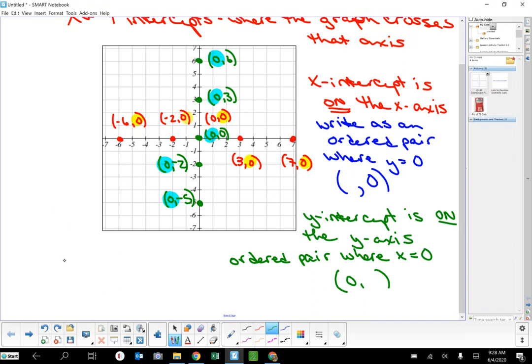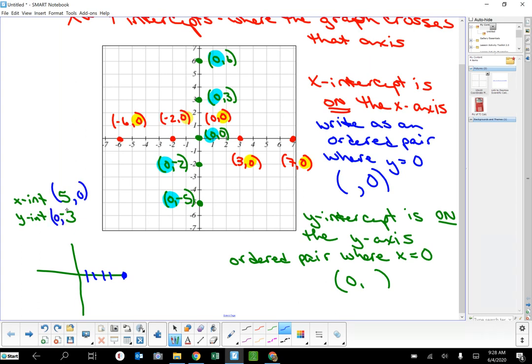I mean, let's say you have a coordinate point and they tell you the x-intercept is 5 and the y-intercept is -3, and they didn't write that as an ordered pair, but that's what they tell you. Well, that would mean x, 1, 2, 3, 4, 5. That's that point right there, because the x-intercept would be that ordered pair.